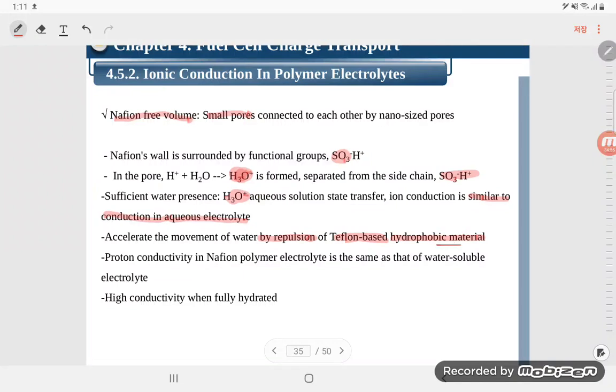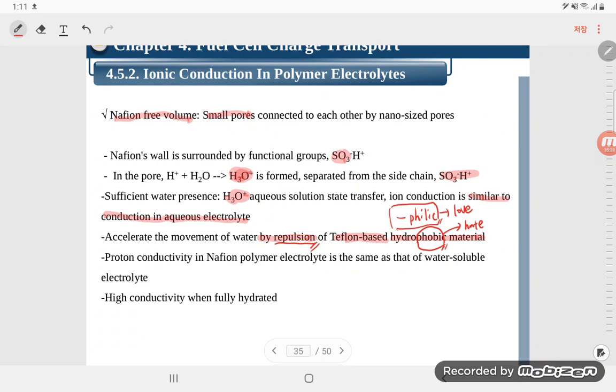In the original Greek, phobic means hate, and hydrophilic means love. So if the surface loves the water, then we call it hydrophilic. And if the material is hydrophobic, they hate the water. So this acts as a repulsion force for it.